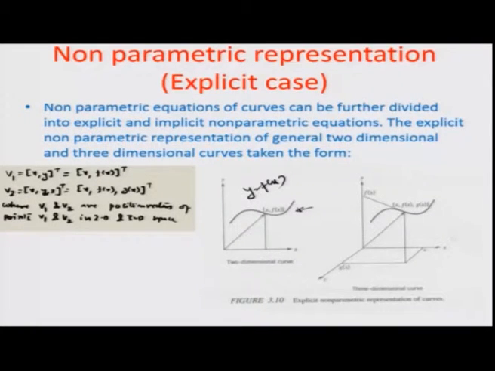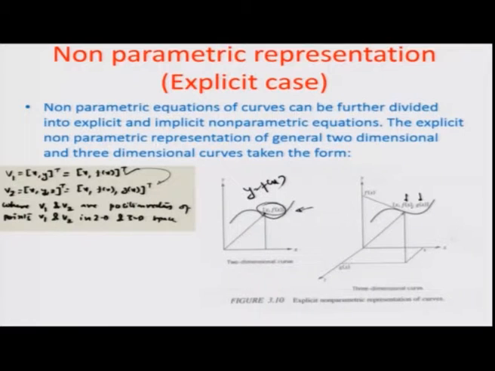If I were to write the coordinates of the vector point v x, y, it could be written as x and f x. For example, you are writing v 1 as x and f x here. Now, if the same curve were to proceed to 3 dimensions, you could have a single variable and then the functions f x and g x, which would be mapping the variable into the various domains along the y direction and the z direction.